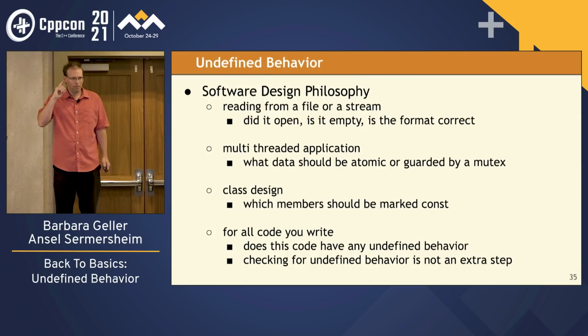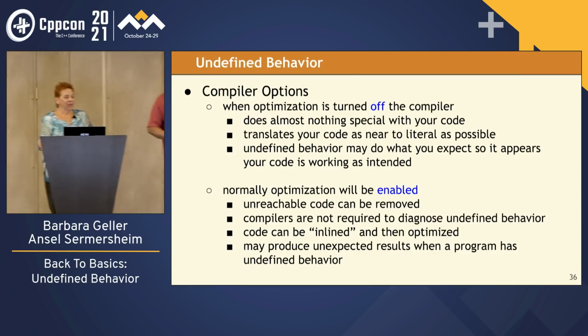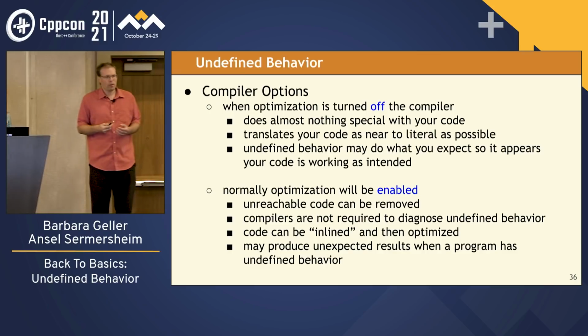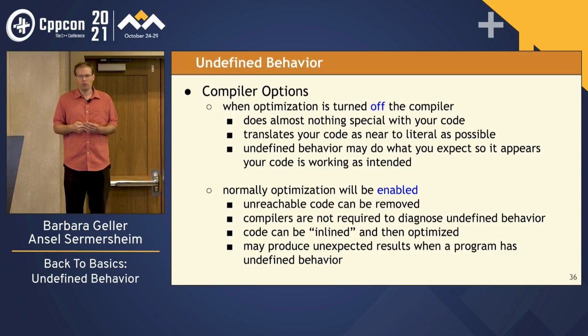All the time, no matter what code you're writing, you need to be thinking, does this code have any undefined behavior? That's not an extra step you do later, after you write the code. It's always.